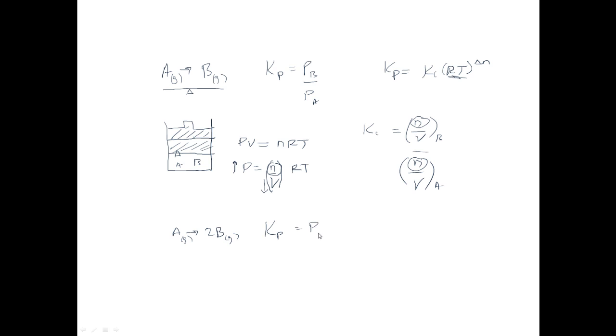We get pressure of B squared, because of the coefficient in front of the B, divided by the pressure of A. And we could also write that in terms of n over V of B squared, and n over V of A. All right. So we're running out of time, and I'll pick up on this in the next video labeled Le Chatelier's Principle 2.